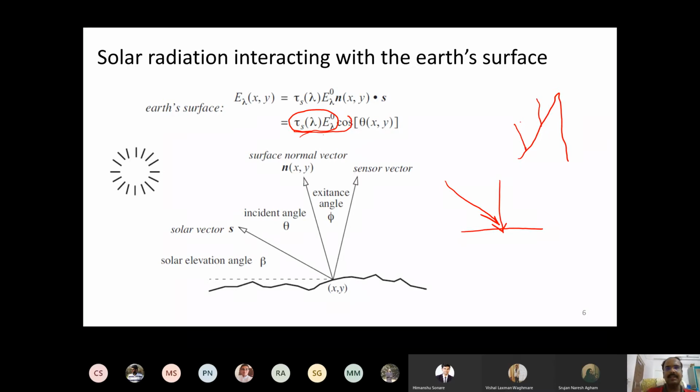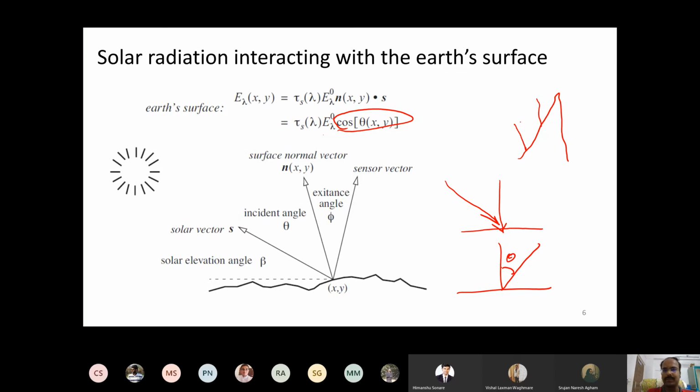So everything will change. In order to account for this change in incoming energy because of the sun's angle and also the topographic angle, we multiply this particular thing with cos theta, where theta is the angle from the normal to the surface. So we multiply with cos theta to account for this viewing angle effect and also the topographic effect, because topography will play a major role in deciding what fraction of solar energy reaches the surface.